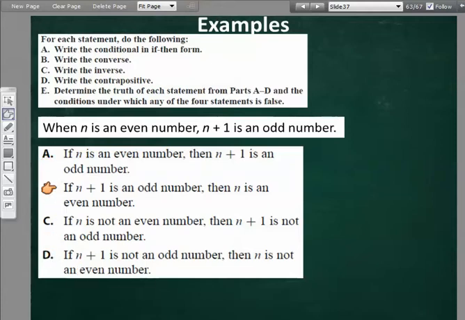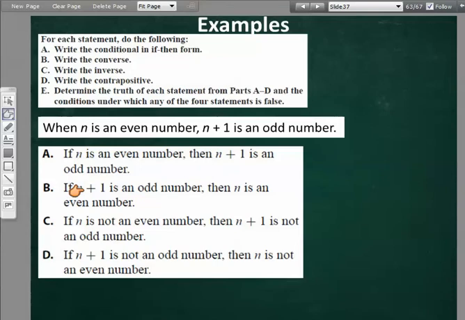Let's look at B. If n plus 1 is an odd number, then n is an even number. So if I say n plus 1 equals 3, okay, is 3 an even number? No. Wait, no, yes. Sorry about that. Because if I got n plus 1 equals 3, that means n is 2, and 2 is an even number.